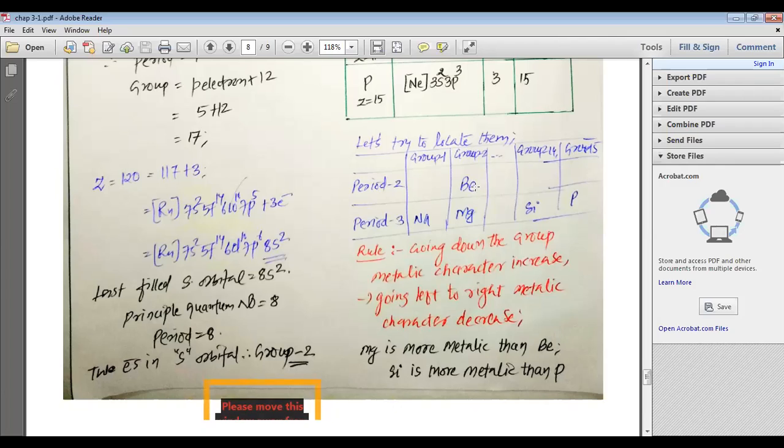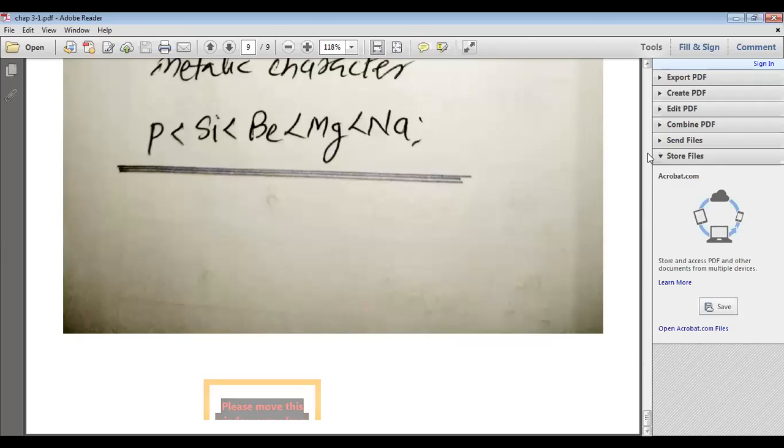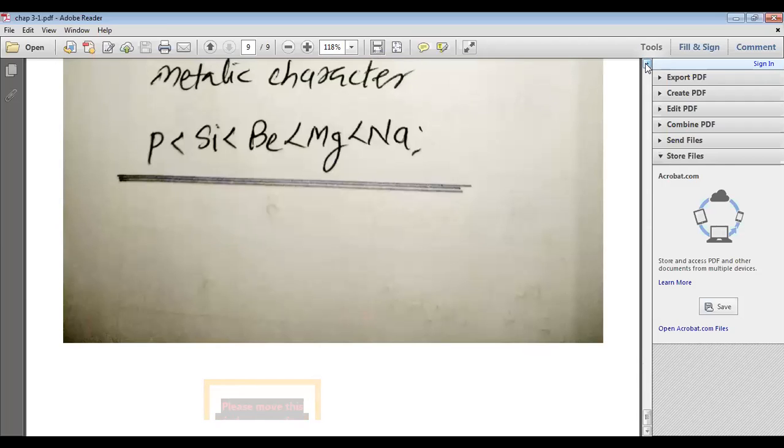That is why the metallic character of beryllium would be more than silicon and phosphorus, but the metallic character of beryllium is less than magnesium. And we know that sodium is more metallic than magnesium because sodium is present on the left side of magnesium.